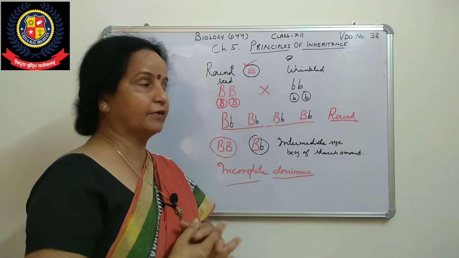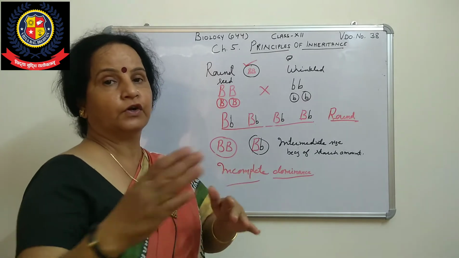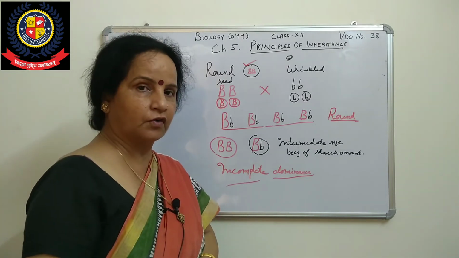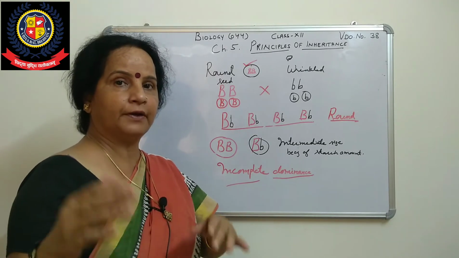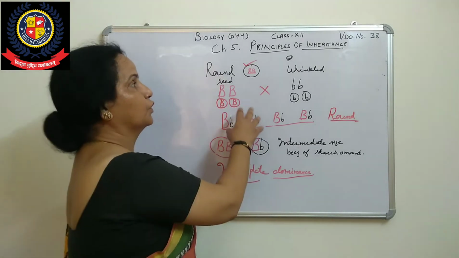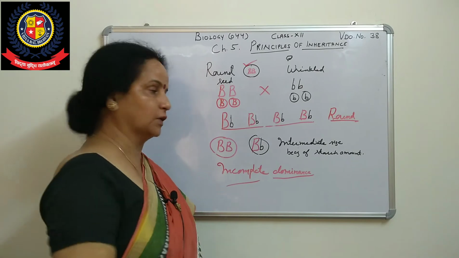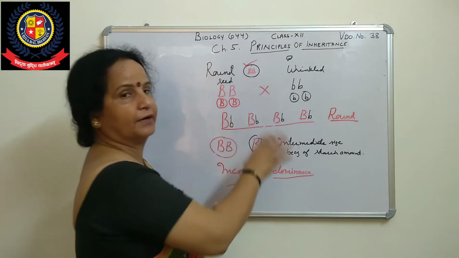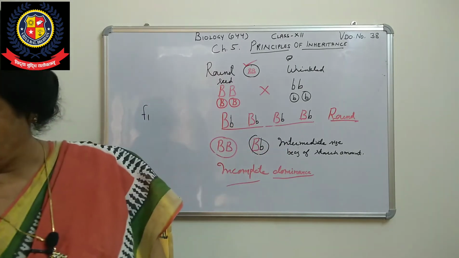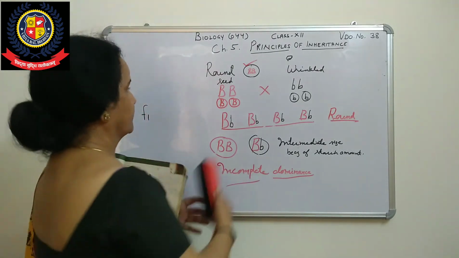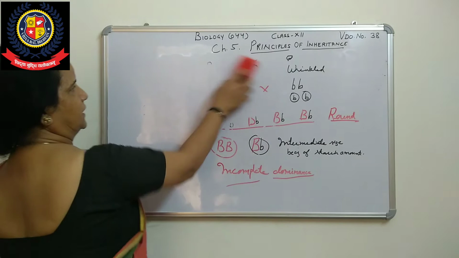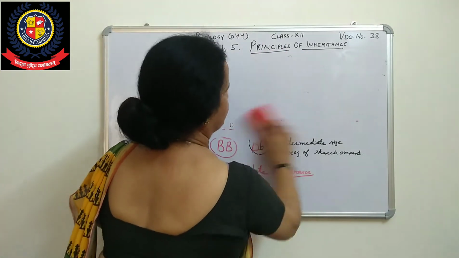But what will happen in the inheritance of two genes? It is called a dihybrid cross. What is it called? Dihybrid cross. Here these are monohybrid crosses, but now I will tell you the dihybrid cross, or it is also called inheritance of two genes. It will be called that in your book also. I will take the traits they have used.